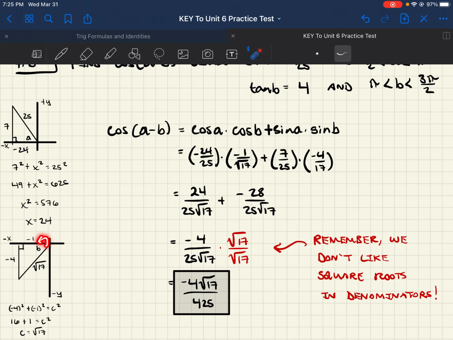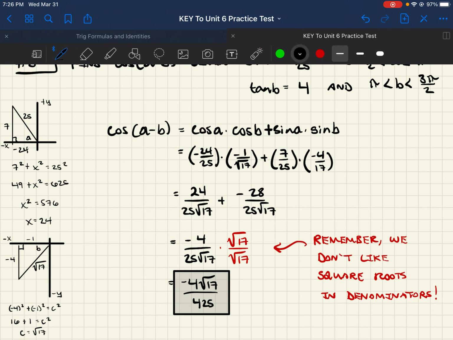Cosine of B, adjacent over hypotenuse, is negative 1 over square root of 17. Sine of A, opposite over hypotenuse, is 7/25. Sine of B, opposite over hypotenuse, is negative 4 over square root of 17.